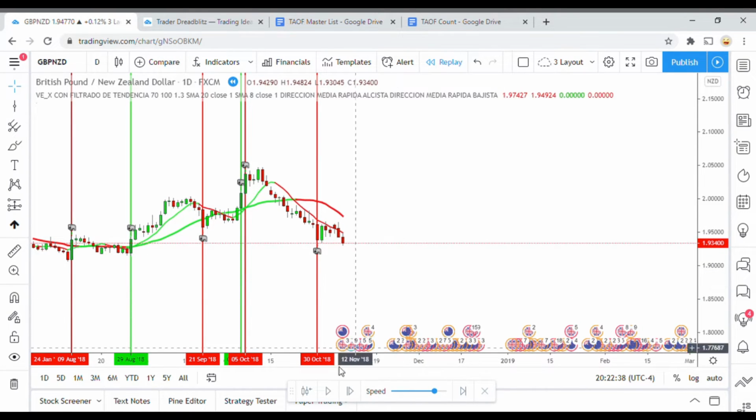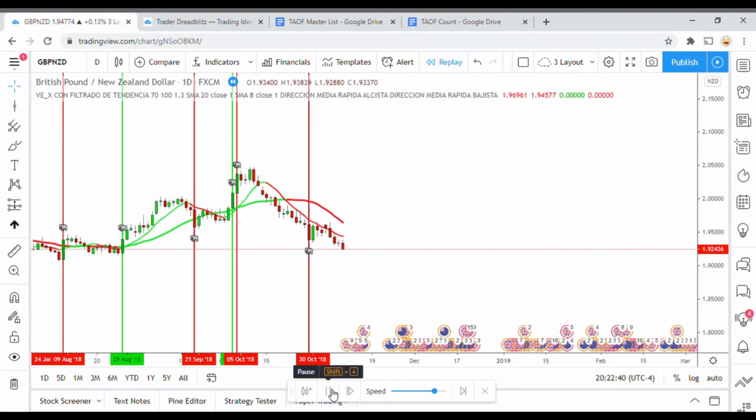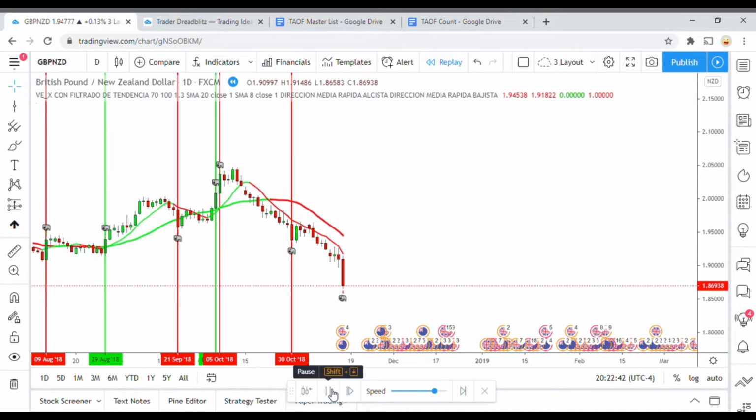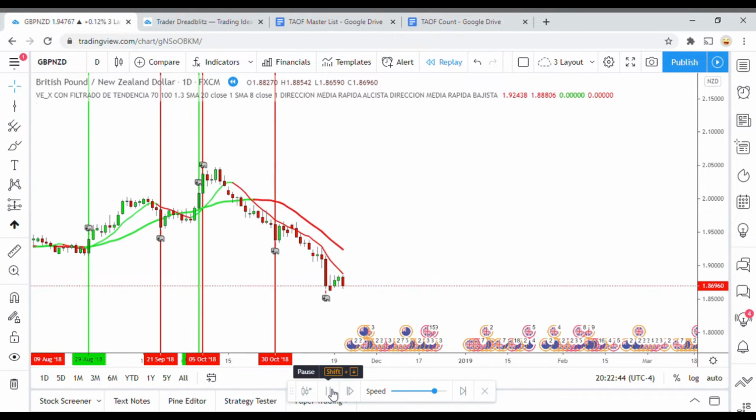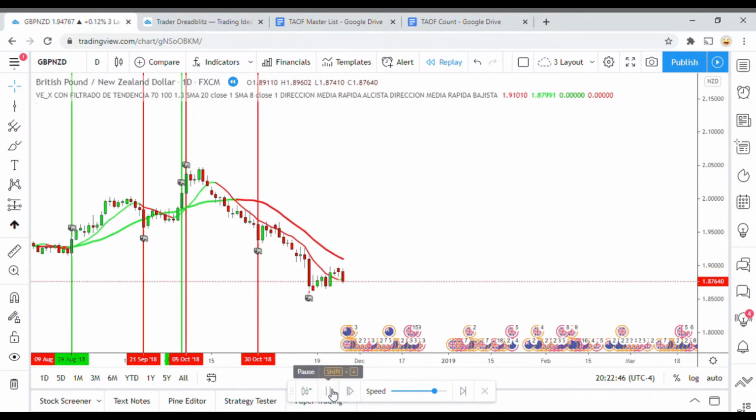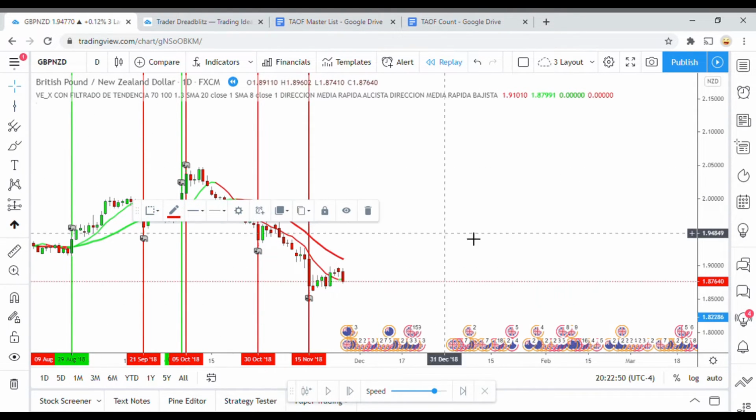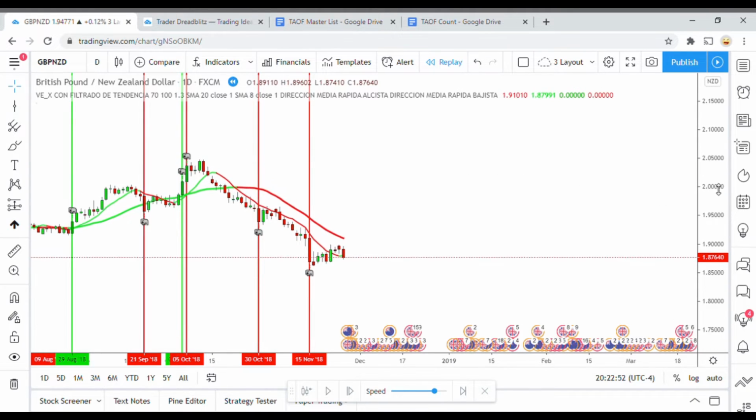And so this is exactly what I feared whenever I was looking at this indicator, learning how to trade it, reading about it.